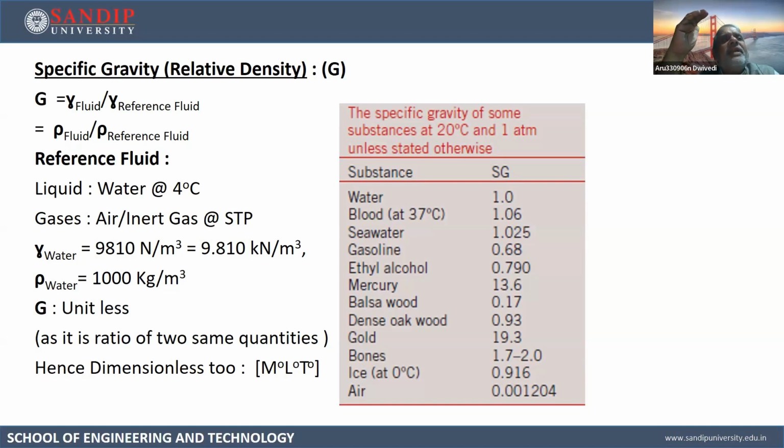See that in the numerator as well as in the denominator, we have the same quantity, and hence G is unitless or dimensionless. What would be the dimension of G? The dimension of G would be M raised to power 0, L raised to power 0, T raised to power 0, because it is dimensionless. So, it is 1, 1, 1.